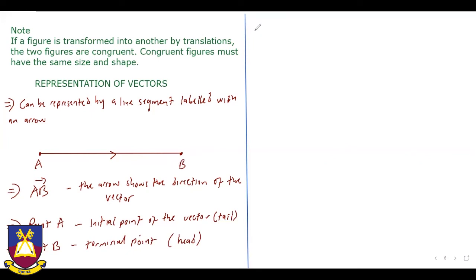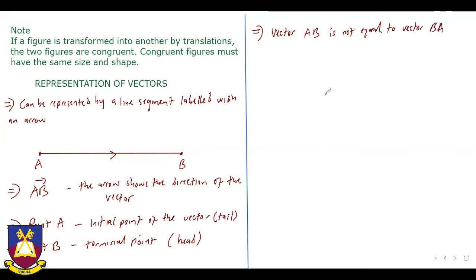That explains why vector AB is not equal to vector BA.